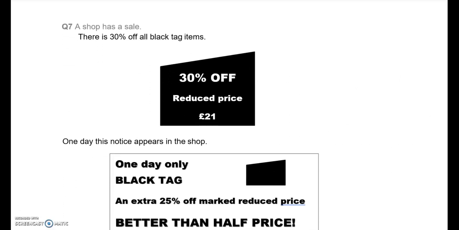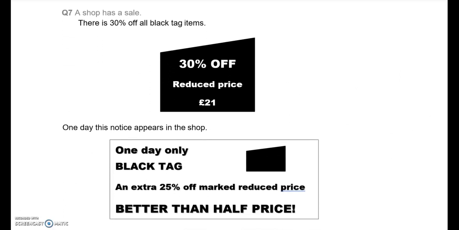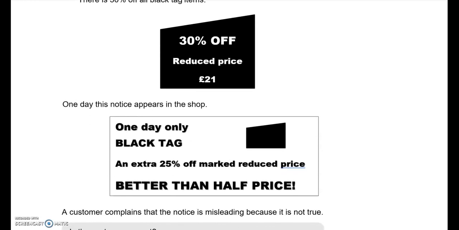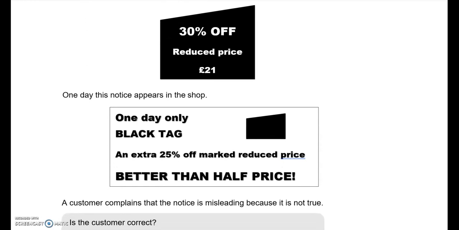A shop has a sale. There is 30% off all black tag items. One day this notice appeared in the shop. One day only, black tag, an extra 25% off marked reduced price, better than half price. Customer complains that the notice is misleading because it's not true.